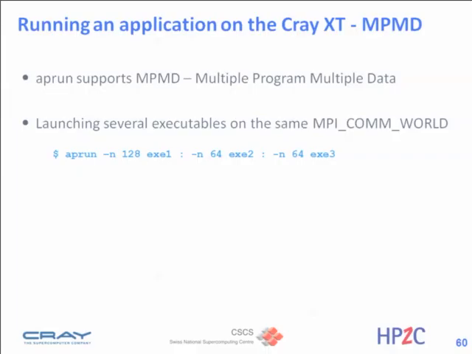You can also do some complex things on the XT or XE using AP-Run. So for example, you can run 2 or 3 applications sharing the MPI communicator. You can have 2 executables and they can talk together using MPI, but being completely different executables.